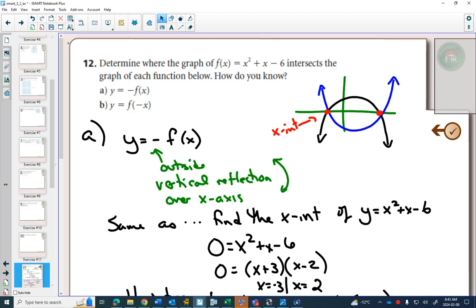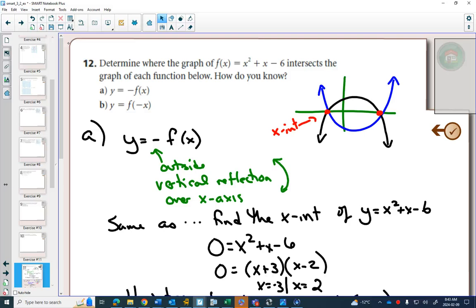On the provincial exam, these are usually 2-mark questions, and if you misinterpret where that negative is and do the wrong kind of reflection, you usually get 0 out of 2. So there's a very tiny detail right at the beginning that says either it's outside or inside, either it's vertical or horizontal, and we have to get that part right.